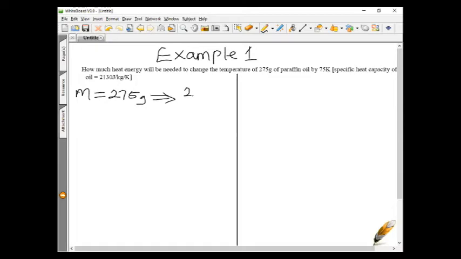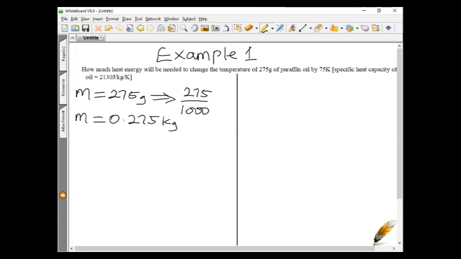It will be 275 divided by 1000, and then our mass will become 0.275 kilogram. We are done with the first stage.